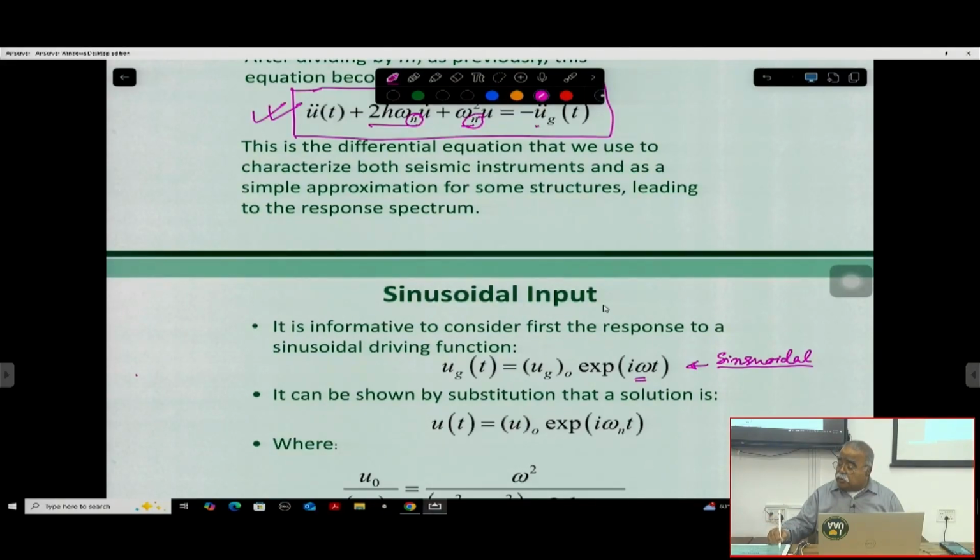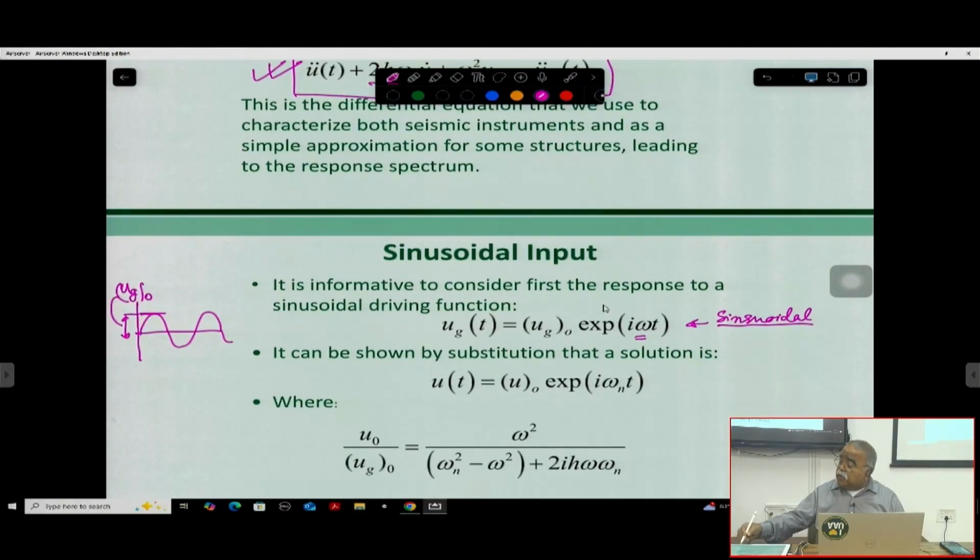So that's your ground displacement value, and the maximum is basically ug0. You can write it this way.